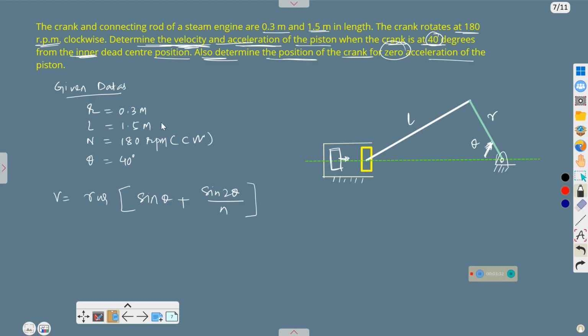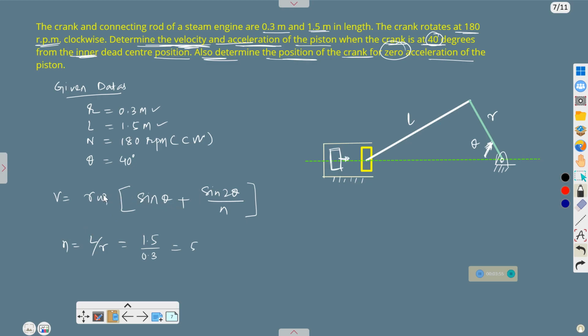From all the given data, we are given the values of r and l. So from here I can find the value of n, that will be equal to l by r. So l by r, where 1.5 divided by 0.3. After calculation we'll be getting this value as 5, right? So n we got 5.